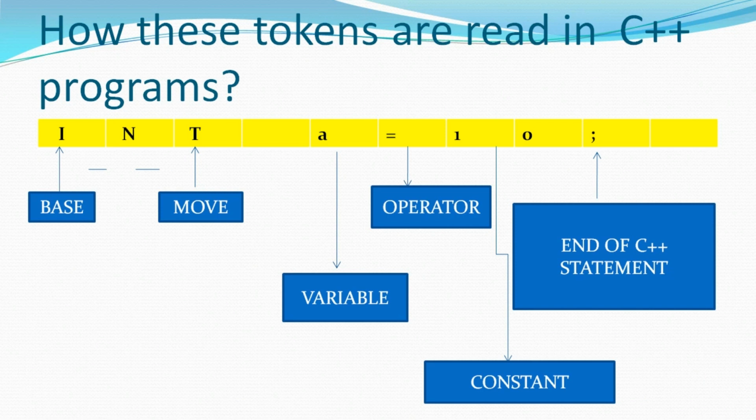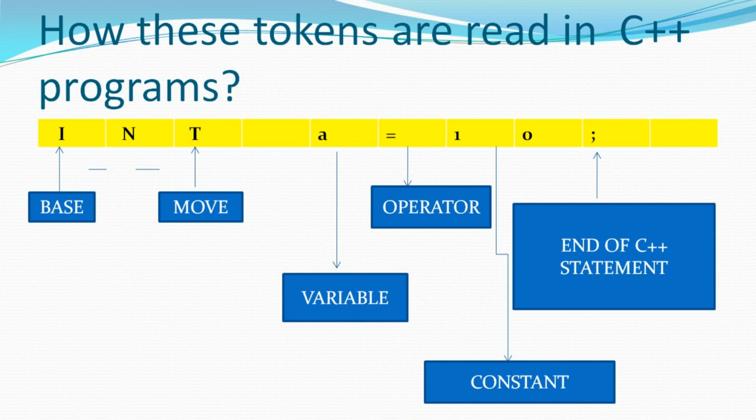A here is a variable. A is integer type. Then equals is your assignment operator. After that, 10 is your constant, and then the end of the C++ statement. So this is the basic structure of how a C++ program compiler works.